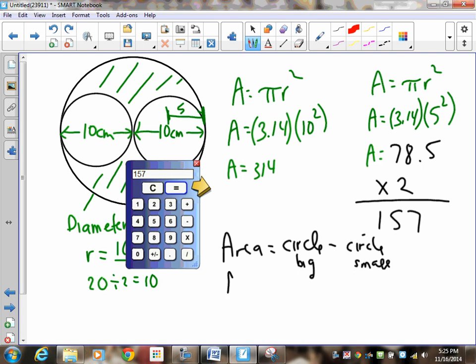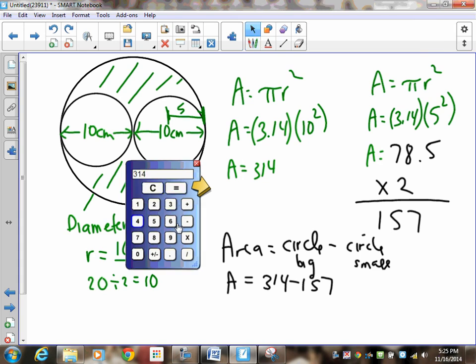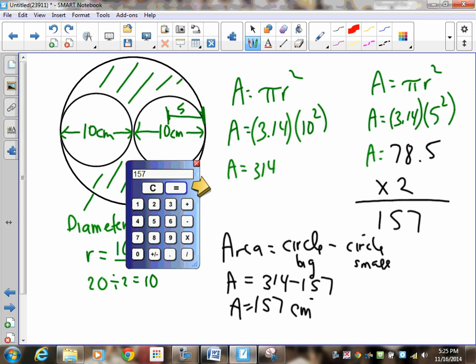So in this case, my area is equal to 314, take away 157 equals, oh cool, it's actually equal to 157 also. And that is in centimeters squared. All right. If you have any questions, go back over these examples until you can do them confidently. Let's go on to our next question in your notes.